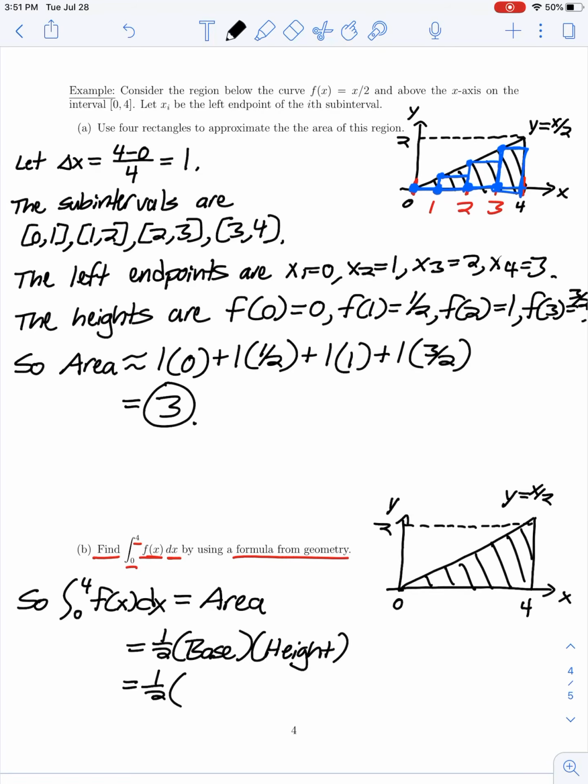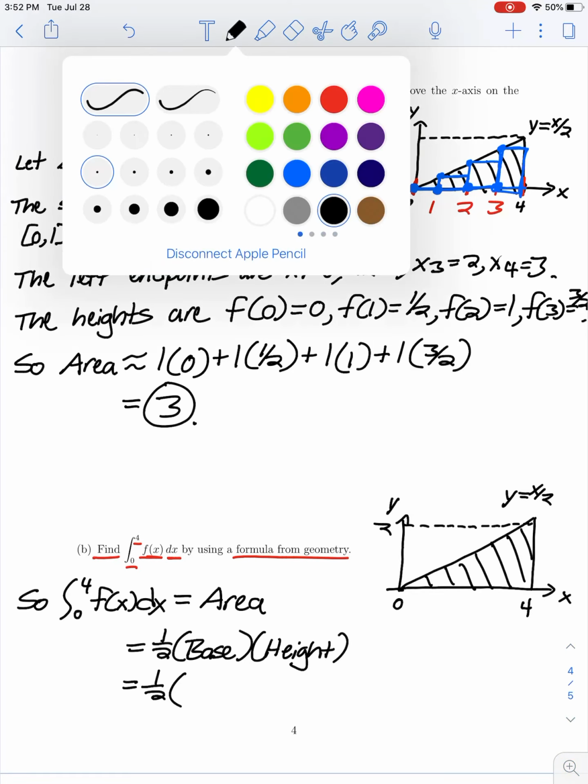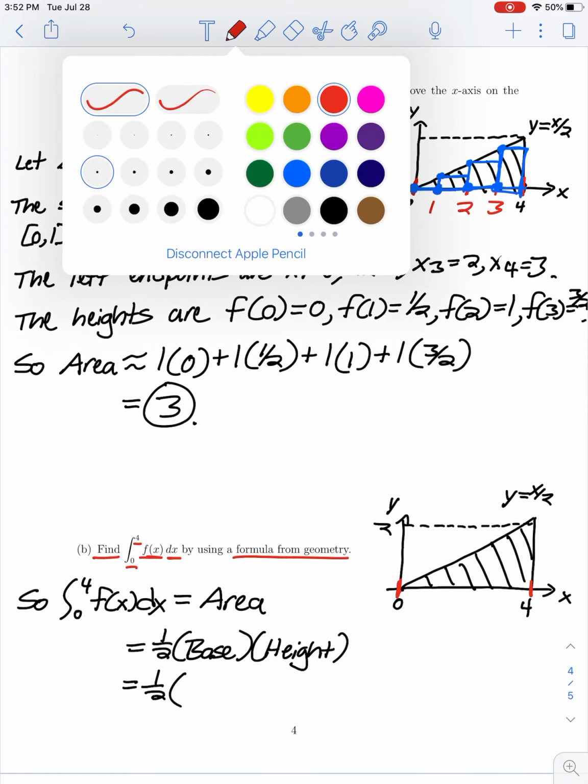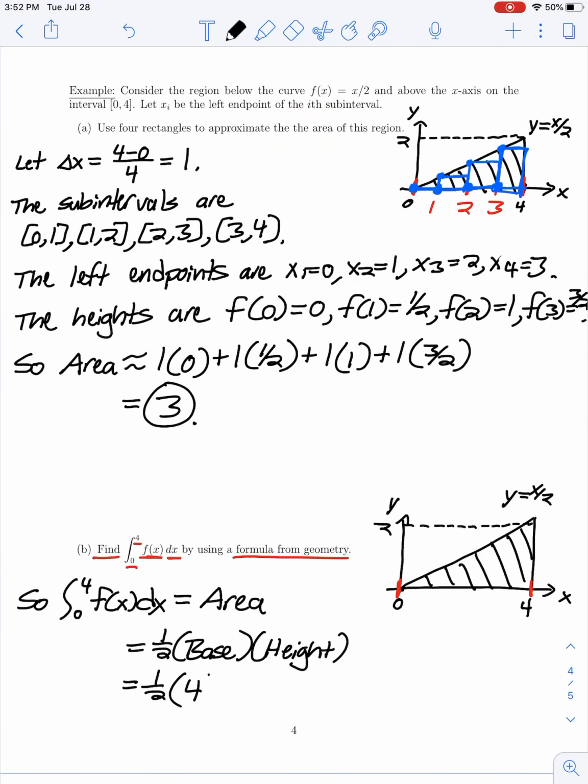So here that would be 1/2 of, well, the base of our triangle is length 4, from 0 to 4. And the height of our triangle is 2. We're moving from 0 to 2. So we have a value of 4 for the true area of this region.